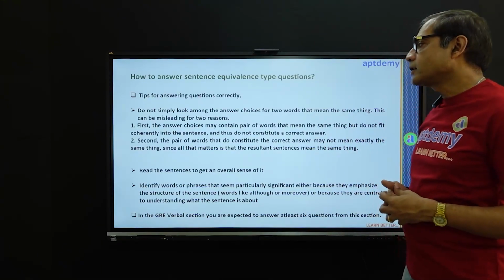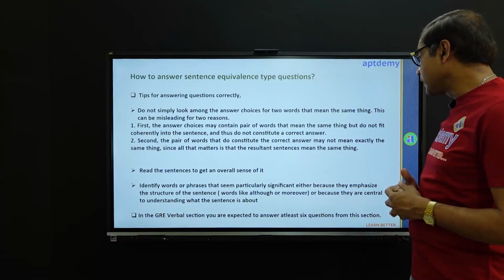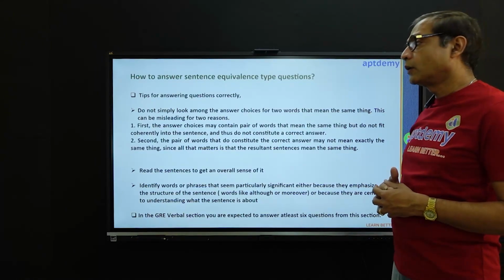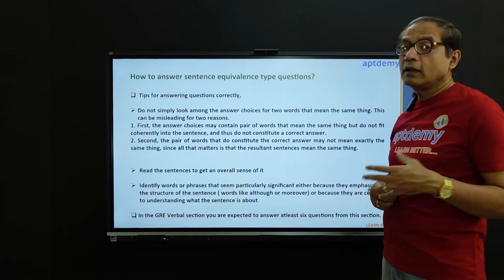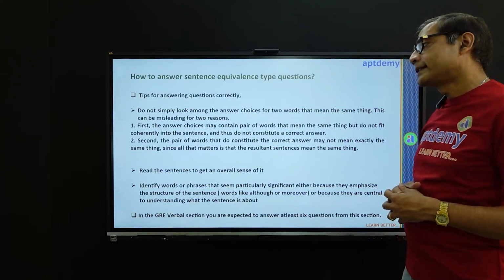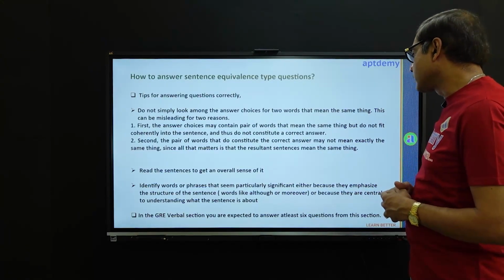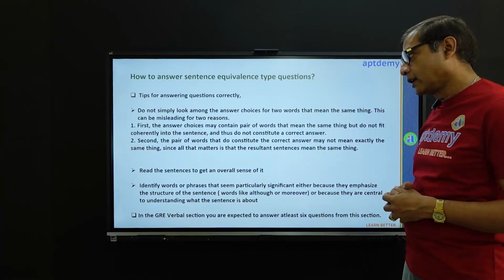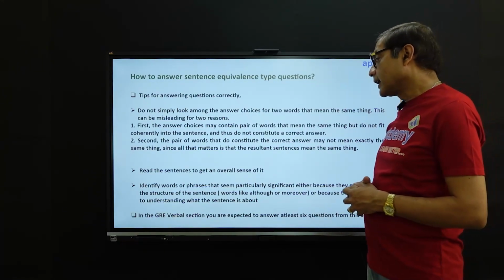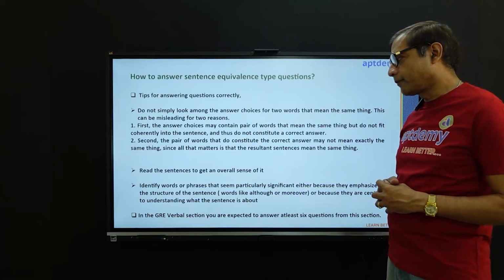First, the answer choices may contain a pair of words that mean the same thing but do not fit coherently into the sentence and thus do not constitute a correct answer. Second, the pair of words that do constitute the correct answer may not mean exactly the same thing, since all that matters is that the resultant sentences mean the same thing.